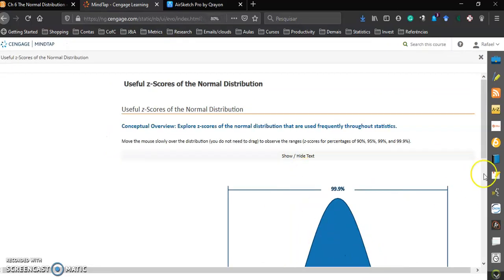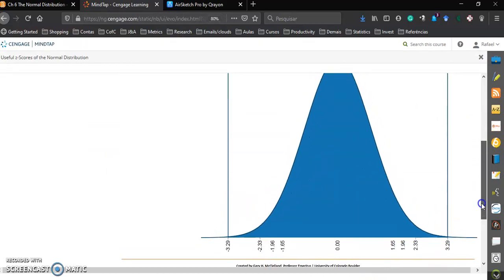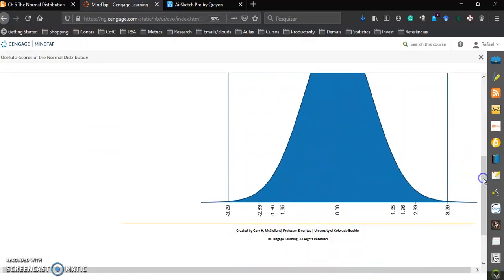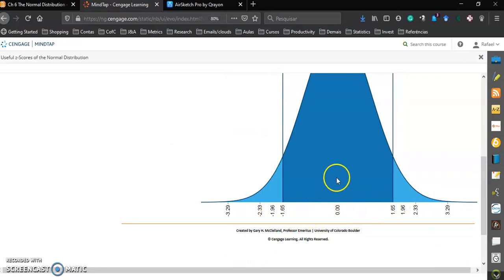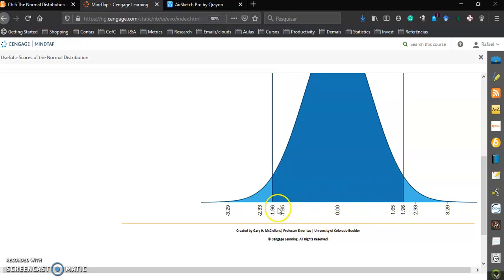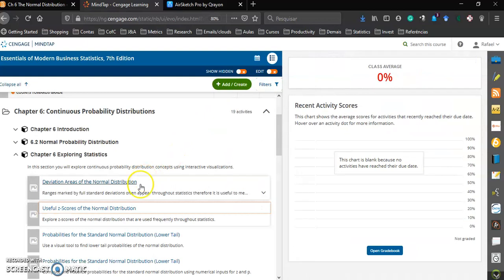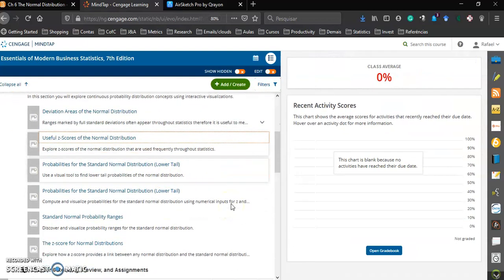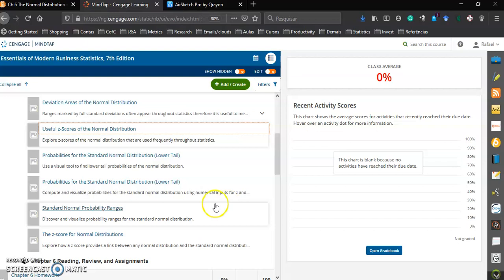Okay, but what I want to show you is that this is a standard normal distribution because the mean is 0 at the center, and then we have z-scores negative on this side, positive on this side. These are the most common and used z-scores, and again the standard normal distribution is a distribution of the z-scores. Okay, so this one could help to show you the standard normal probability range, the z-score for normal distribution.